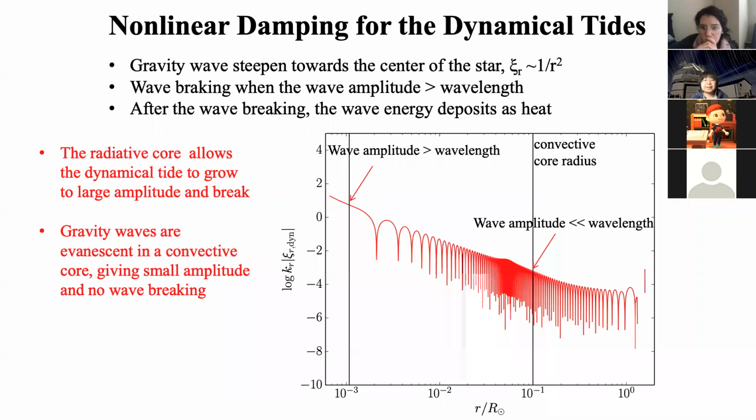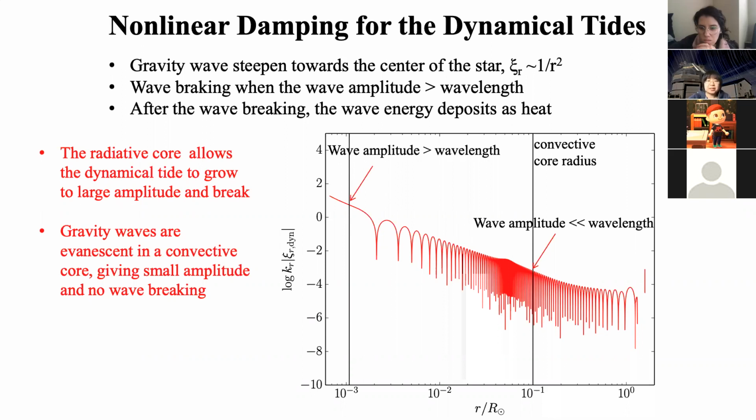So back to tides. The wave-like response, the dynamical tide, is damped via nonlinear damping near the center of the star, just similar to the water wave damped at the shore. The gravity wave steepens towards the center of the star, and its radial displacement perturbation is proportional to 1/r², where r is the radius of the star, to keep a constant energy through the core.